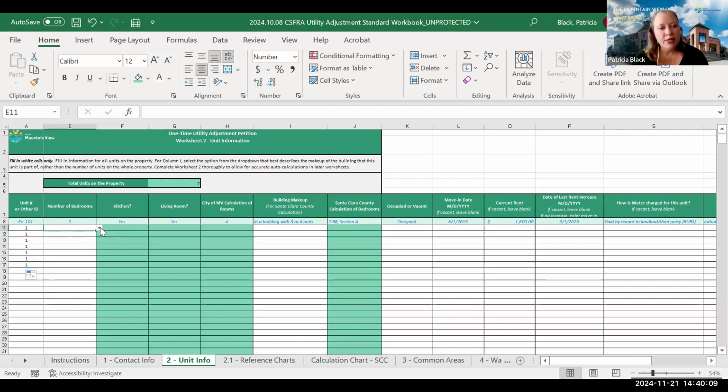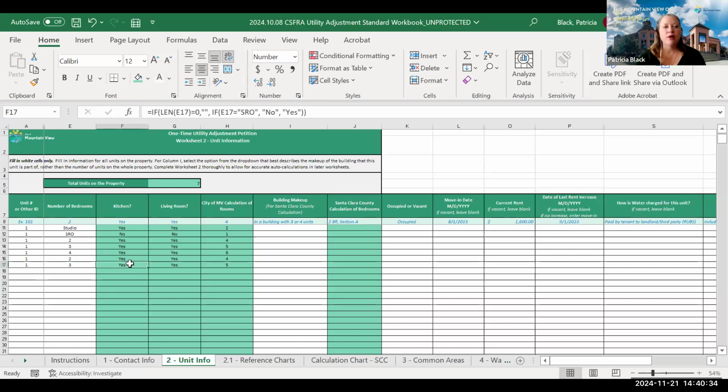We have a drop-down menu here. So each type of unit has a specific coding, and it is coming up with our per unit room count. So when we say room count for these petitions, we are not talking about the number of bedrooms. We are talking about the number of rooms in the unit.